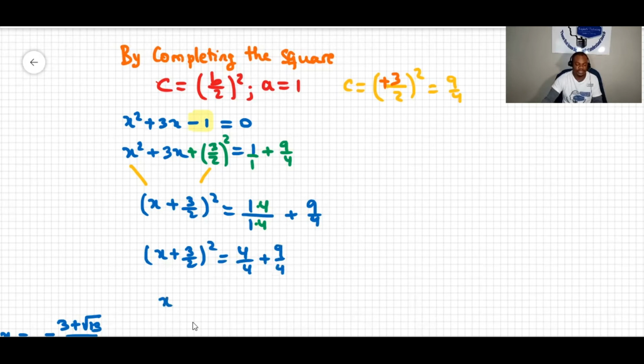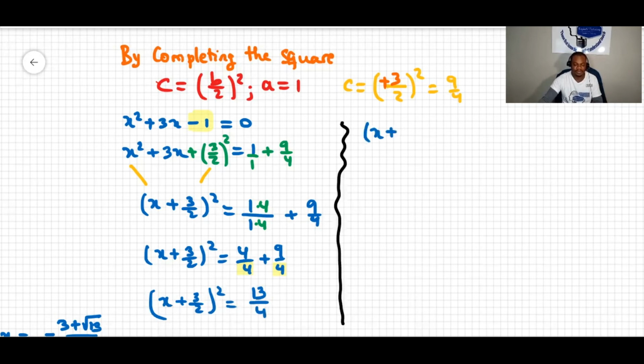Because the denominators are common, we can just add the numerators. And then this makes 13 over 4. Then we can write x plus 3 over 2 to the power of 2 equal to 13 over 4.